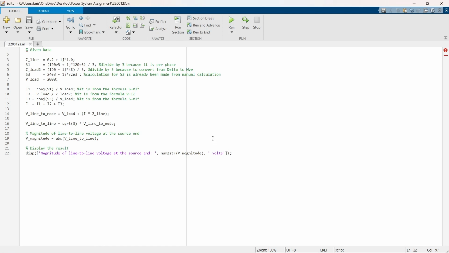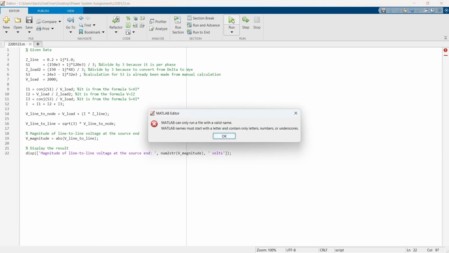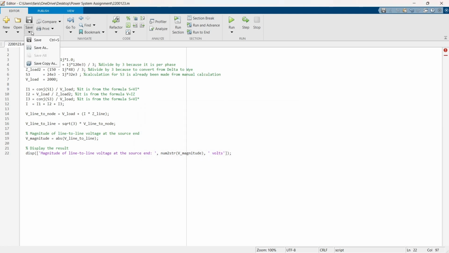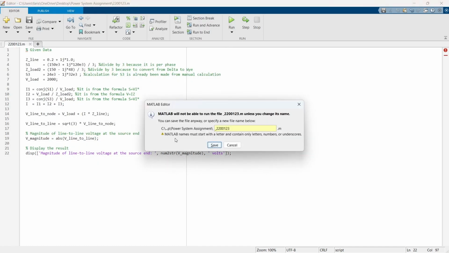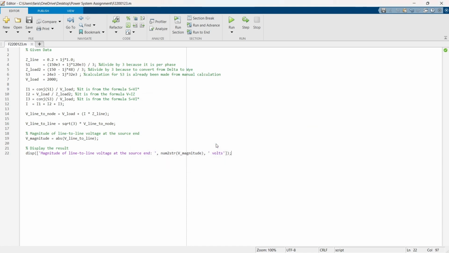Let's run. Oh, we do not have a valid name. What if we save as something else? Save. The reason I choose F is because it's my name for this. So now let's run.